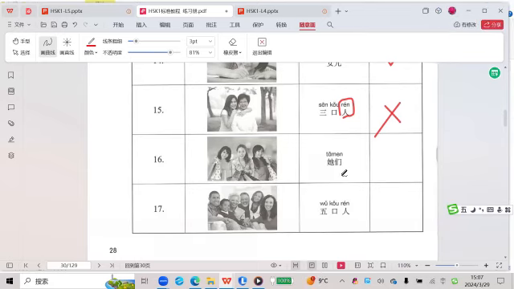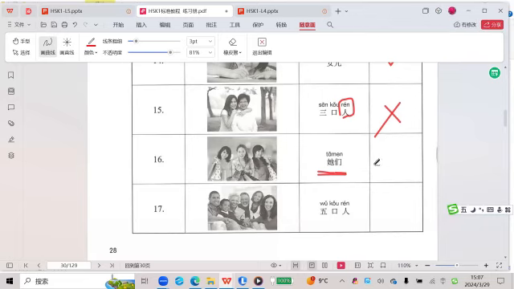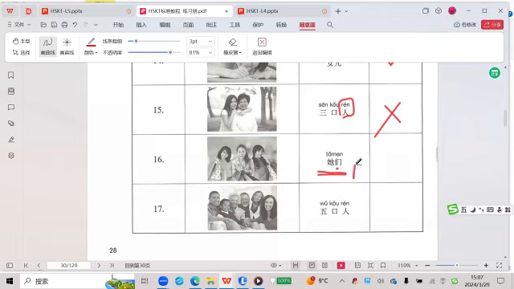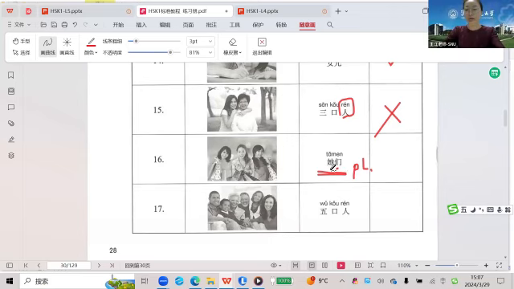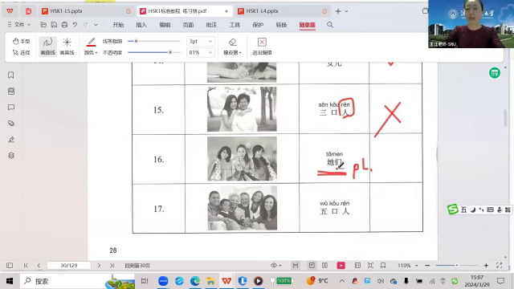Read the word. 他们, what's the meaning? It's the plural form of 他. 他们、我们、你们、们.